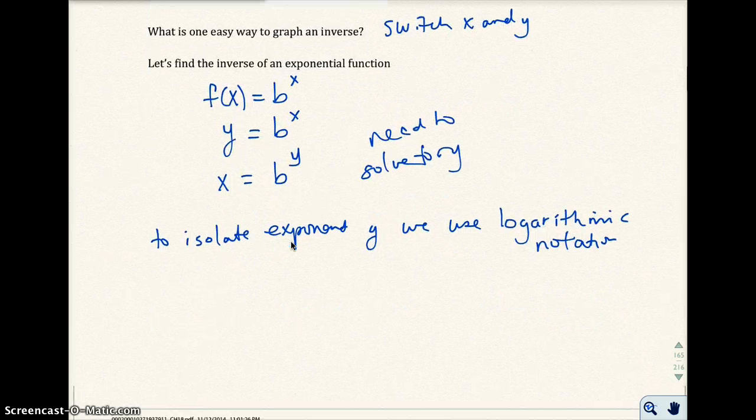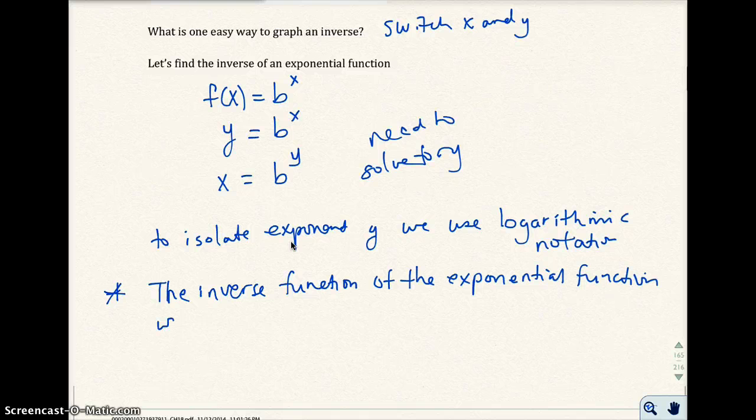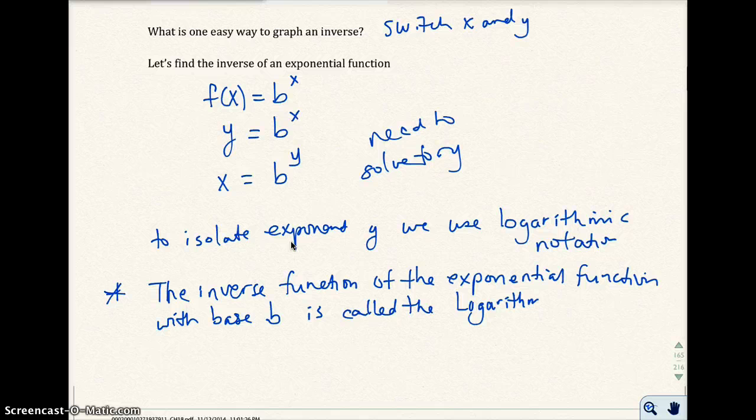So let's go ahead and talk about what that means. The inverse function of the exponential function with base b is called the logarithmic function. y equals log base b of x.